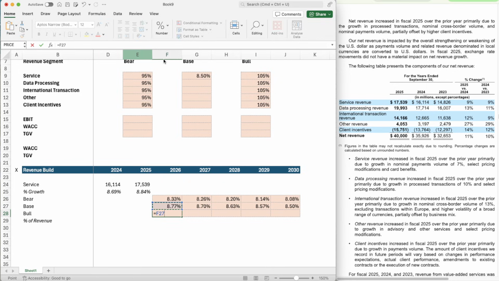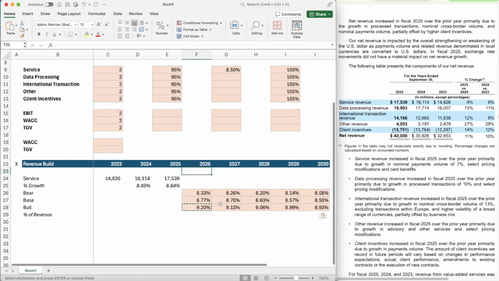We do the same for the bull, multiplied by $I$9. Pull that across. There we have it.